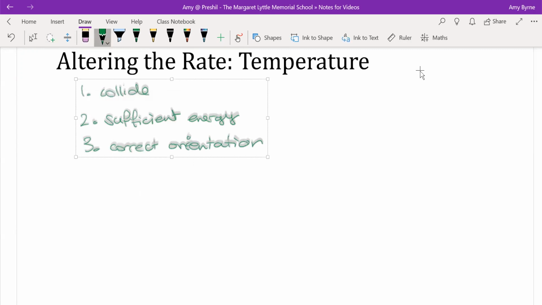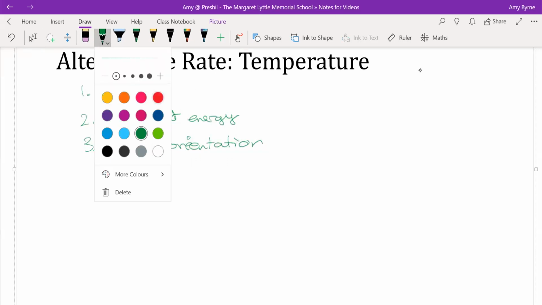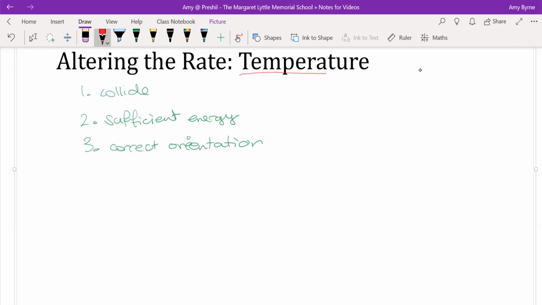I'm going to grab a copy of this because I'm going to be coming back to these points again. Okay, so when I'm looking at the effects of temperature, temperature affects in 2 ways. Temperature is just looking at the kinetic energy of my particles. At a high temperature, my particles are moving faster than they are at a low temperature. We come back to this later when we look at Maxwell Boltzmann distributions.